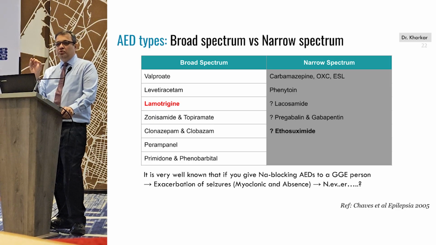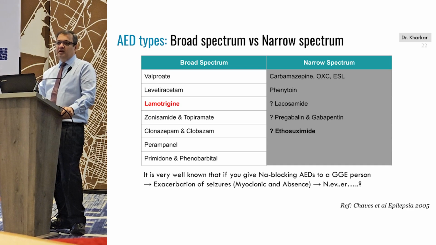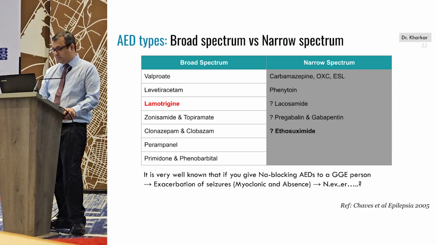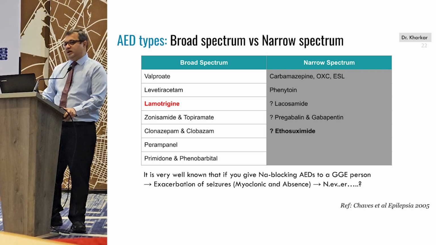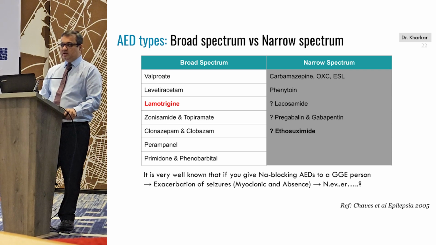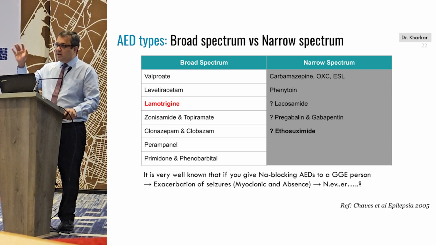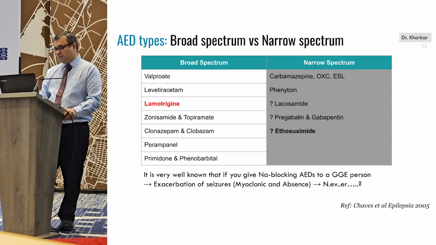The reason, mostly for the BNB students, is that sodium channel blockers can exacerbate primary generalized epilepsy, especially the myoclonic and absence kinds of seizures. So you don't use narrow spectrum anti-epileptics in idiopathic generalized epilepsy. But is it never use them? We'll talk about it. So these are the standard recommendations in terms of the epilepsy syndromes.